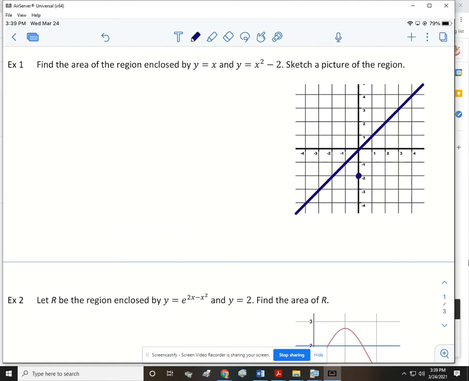So I know the vertex is there, and then I know I have a point here and here. And then I know I can go up 3, right 1 is another point, up 3, left 1 is another point. So there is my parabola. And then here is the area I'm wanting to find.